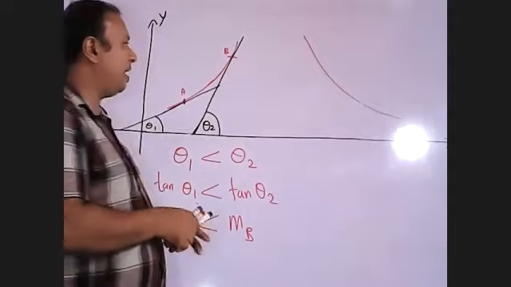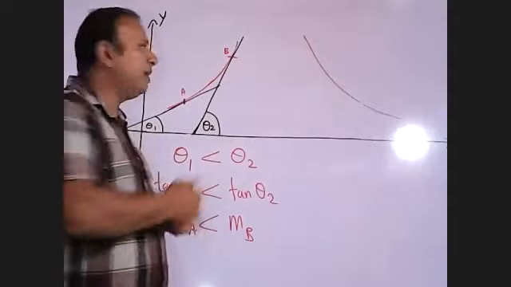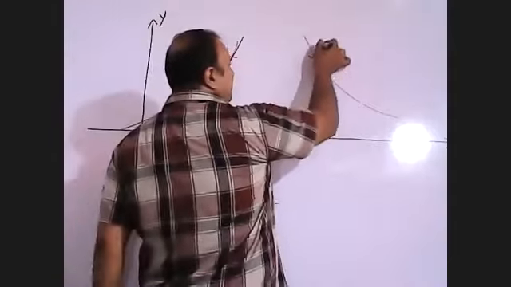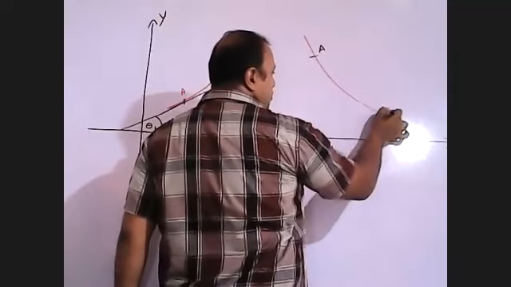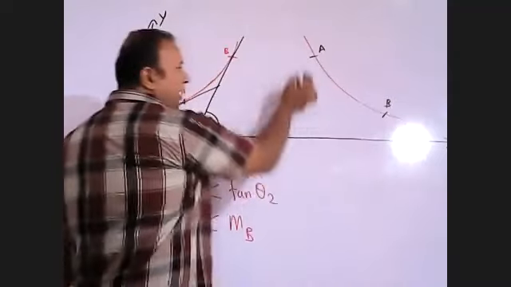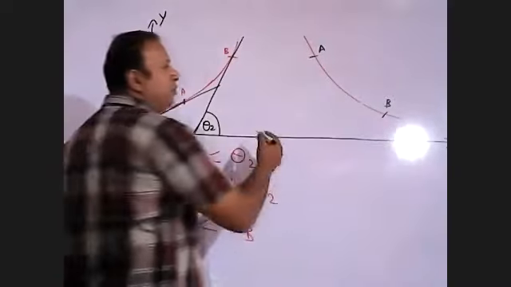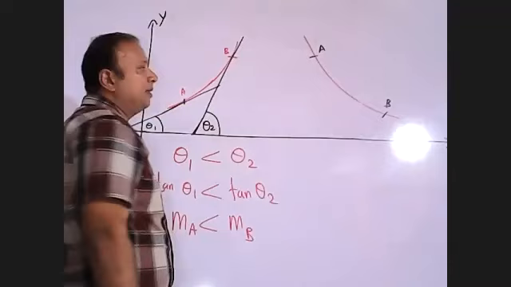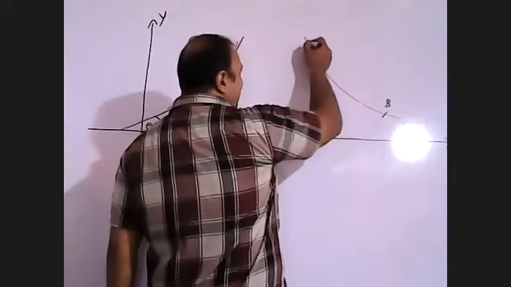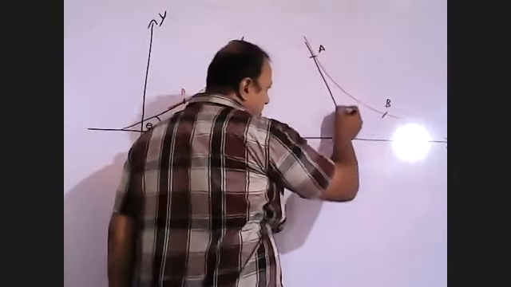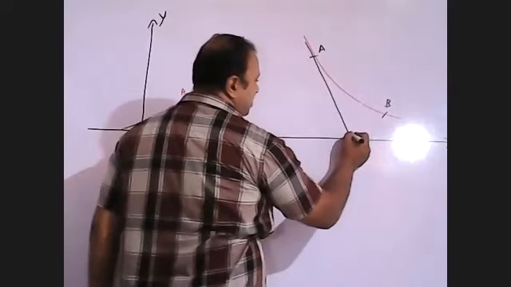Okay, so do the same thing. Mark 2 points. This is A. This one is B. From A to B, the x value increases. So what is the angle of A? This is theta 1.